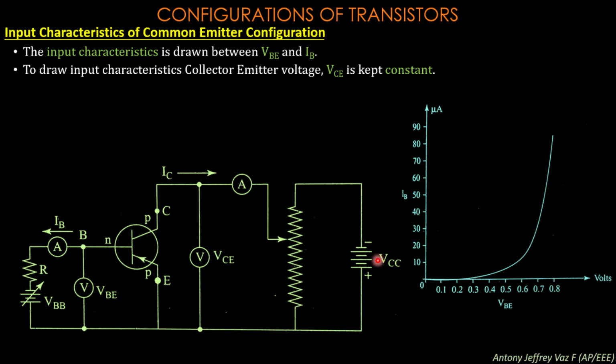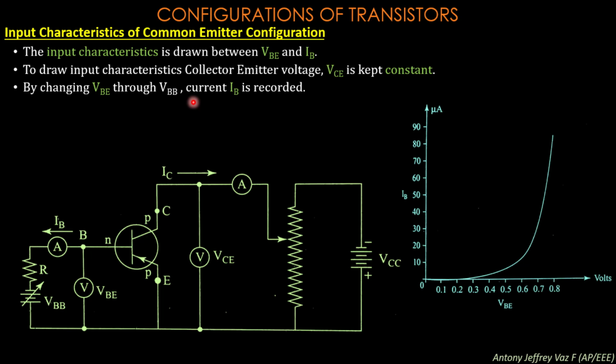You already have a VCC battery which is constant, and this constant voltage is fed into a load resistance RL. While adjusting the resistance of the load, you can set the voltage VCE to be a constant. Next, by changing VBE through VBB, current IB is recorded.